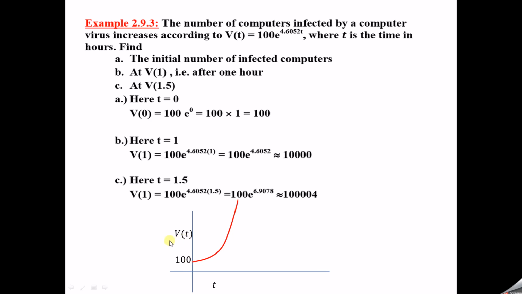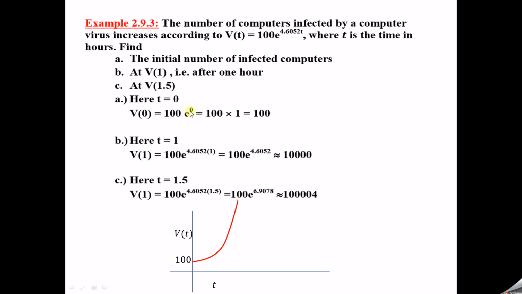So if you put t equal to 0 in this equation, V(0) is equal to 100 times e power 4.6052 times 0. 0 times any value is 0, so you will get e power 0, and e power 0 is 1.